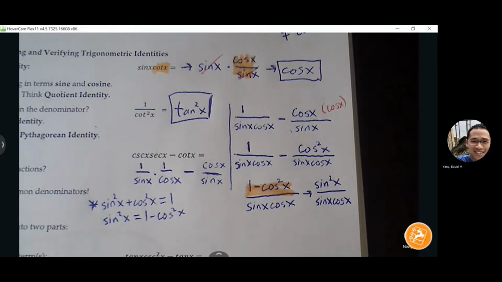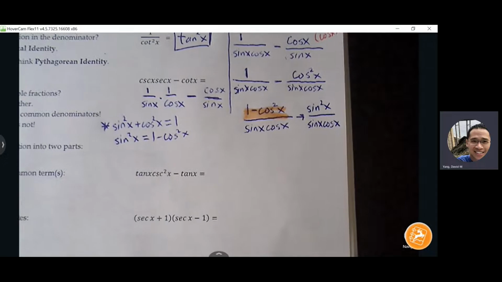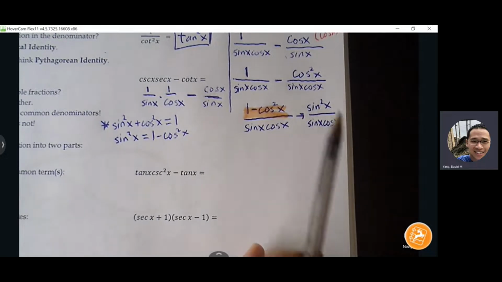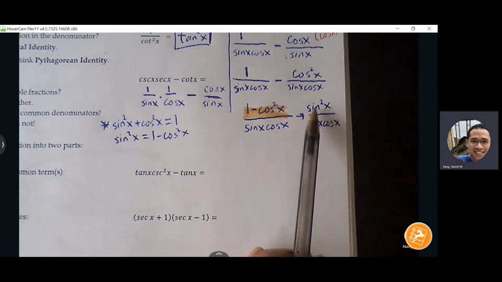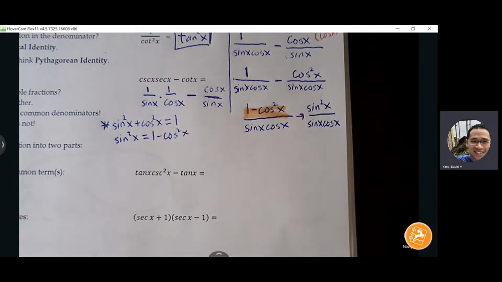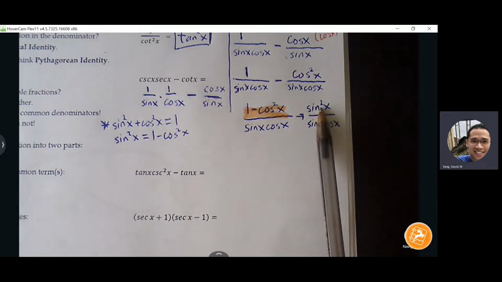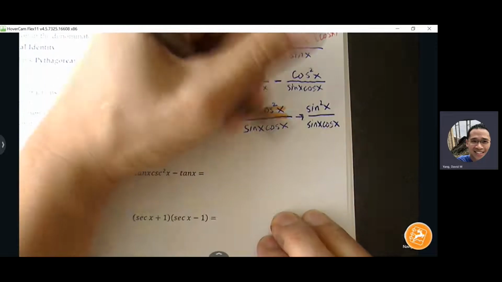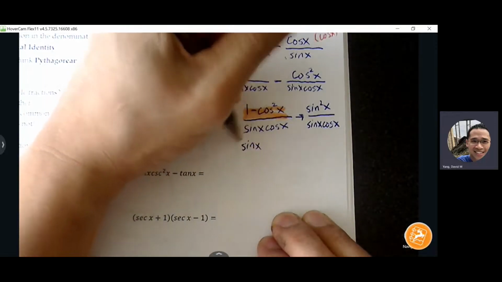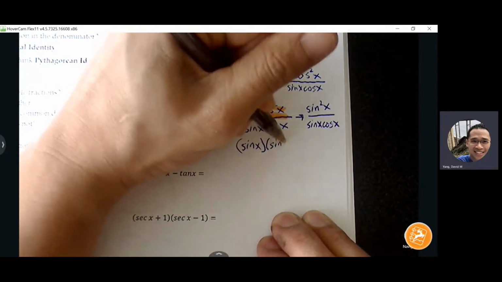Okay. So now I have sine squared x over sine x over cosine x. What's sine squared x the same thing as? What does that mean, sine squared x? Well, first of all, what does that squared mean? So what if I just do sine x times sine x so I can see all the individual pieces?